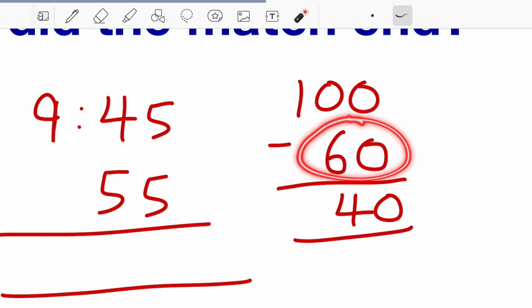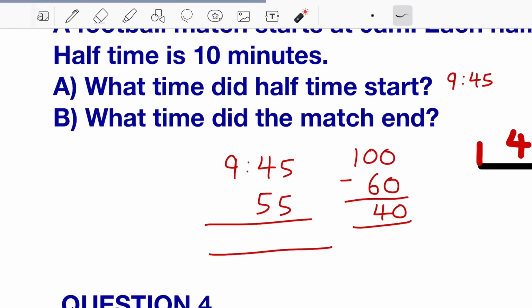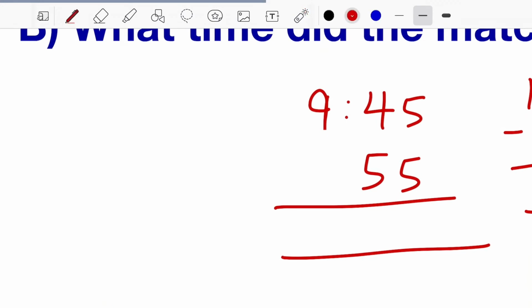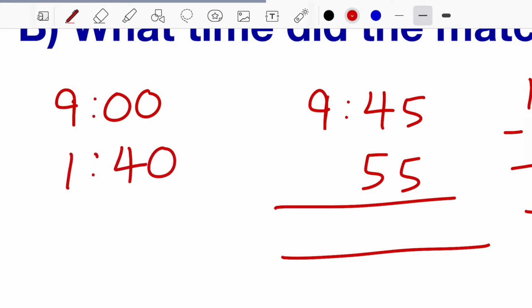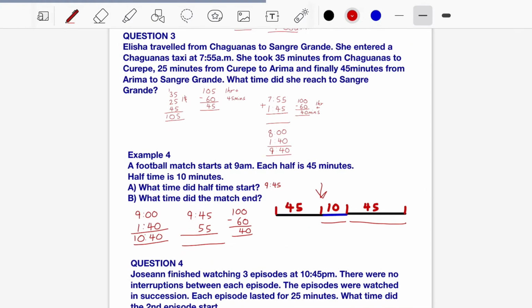So this 100 minutes is 1 hour and 40 minutes. So let's rewrite this as 9 o'clock and 1 hour and 40 minutes. So that's 10:40 a.m.